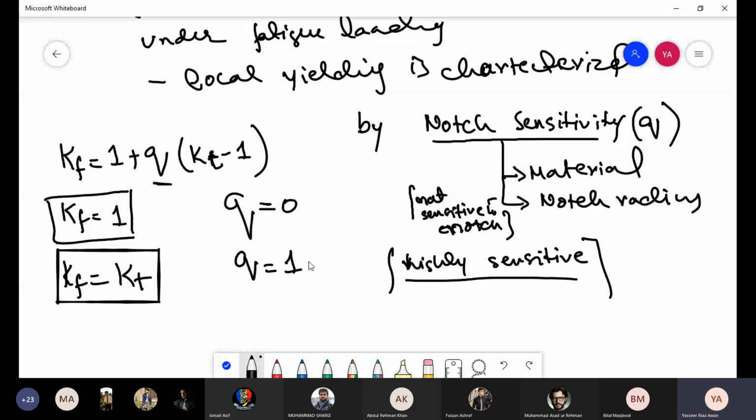The notch is highly sensitive. Generally it is somewhere between 0 and 1, closer to 1 than 0. And again we have the experimental data that we use to measure this.